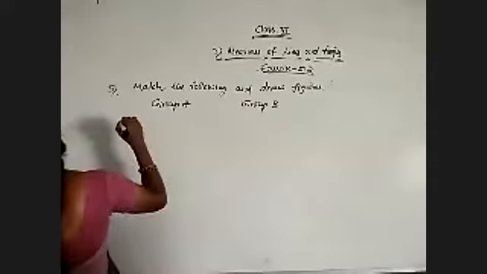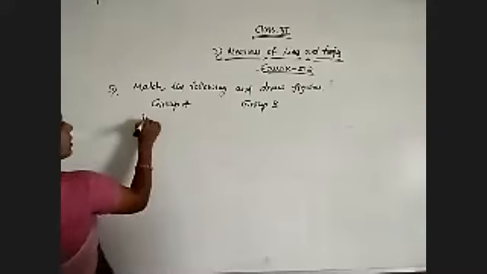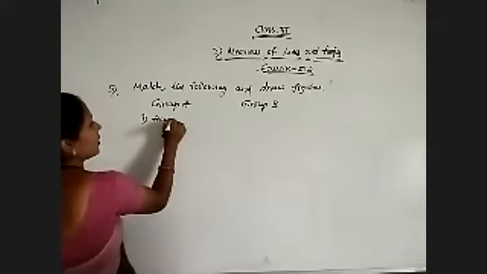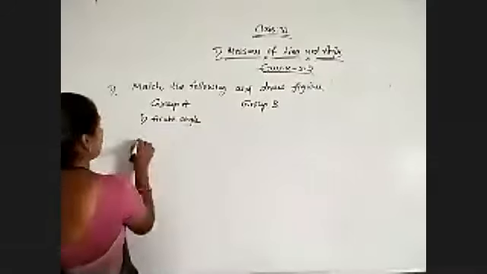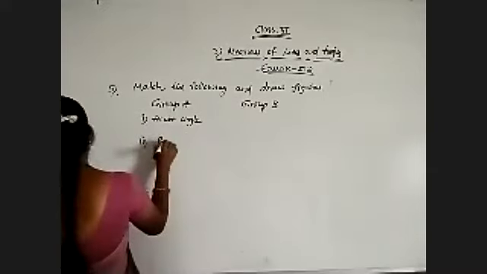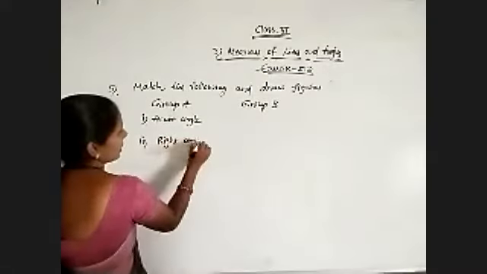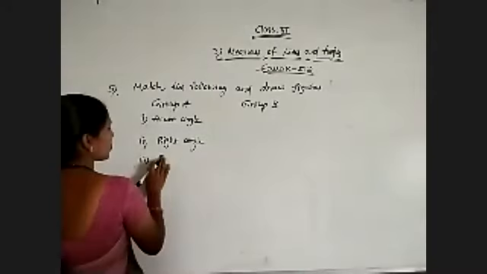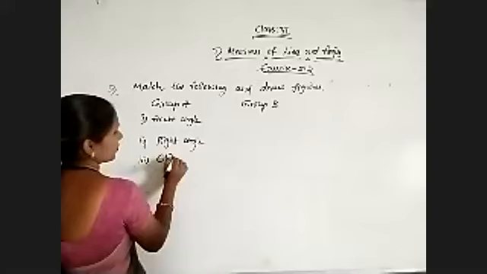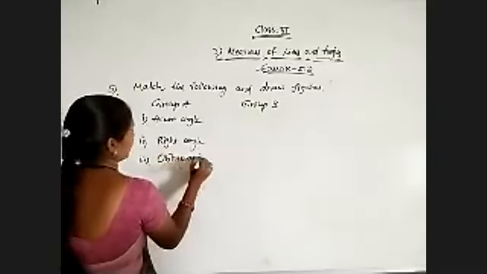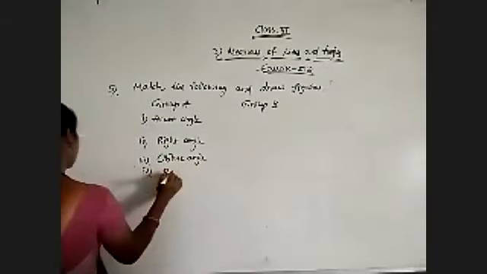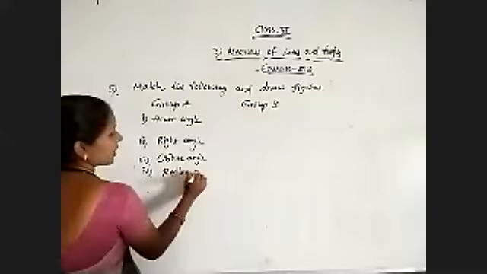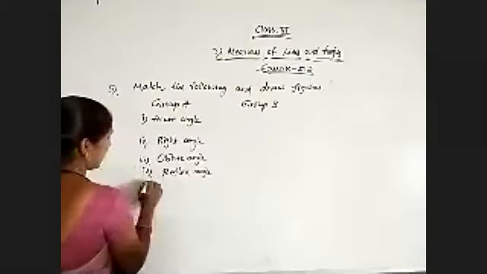Here first one is acute angle, and secondly given right angle, and third obtuse angle, and fourthly given reflex angle, last straight angle.